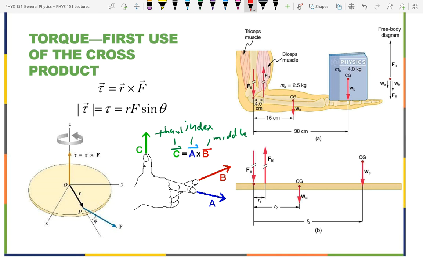And so if we take my example of me holding this out here, the first item for the torque cross product is R, the radius, and I said the radius goes from the pivot point to where the force acts. So you take your right hand, and I would like you to do this with me, well, until I get tired. Take the index finger of your right hand and point it in the direction from my shoulder to where the mass is. Okay? Then, the middle finger, you keep your finger pointing in that direction.